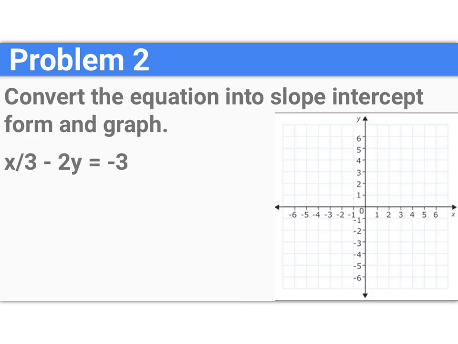Okay, so convert the equation to slope-intercept form and graph. So this is what we have. We have 1/3 x minus 2y equals -3. So what are we going to do? We're going to subtract 1/3 x from both sides. So we have -2y equals -1/3 x minus 3.